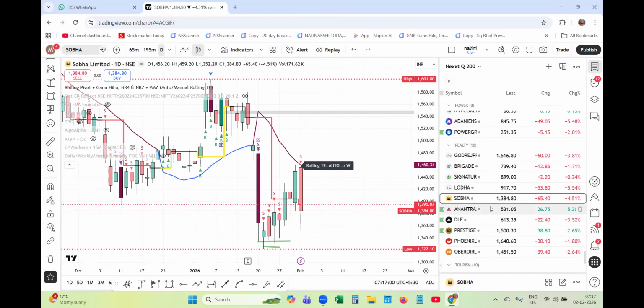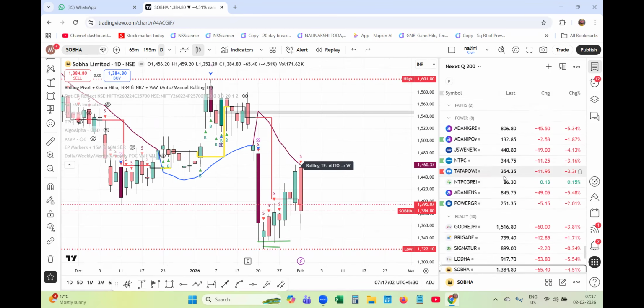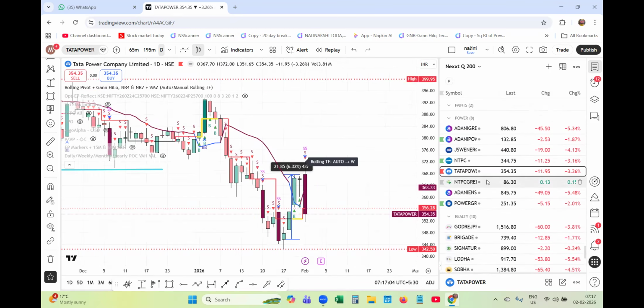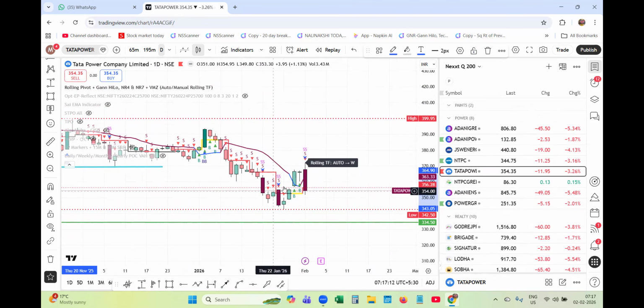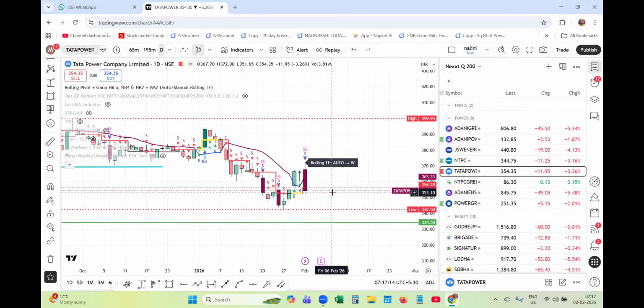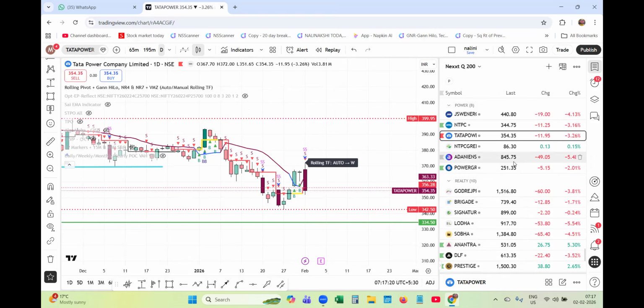Shobha is there. So let us check Tata Power. Tata Power showed a positive movement and climbed above this, and it is a retest. So if it holds, these power stocks can be kept in your watch list.